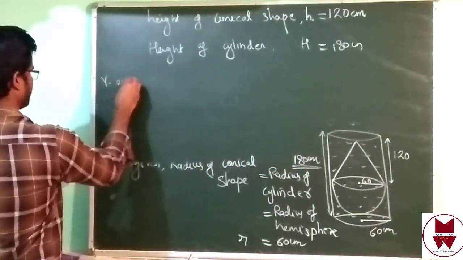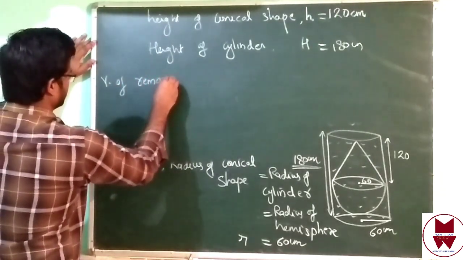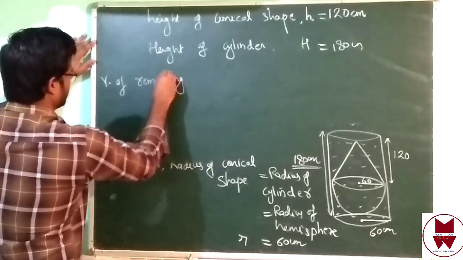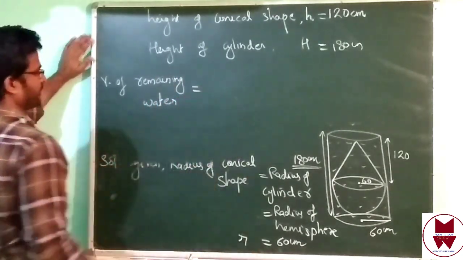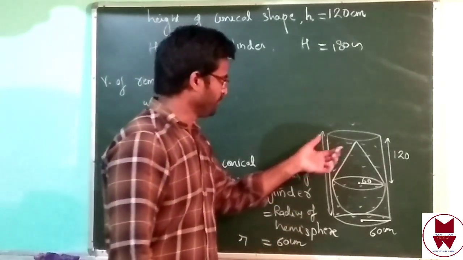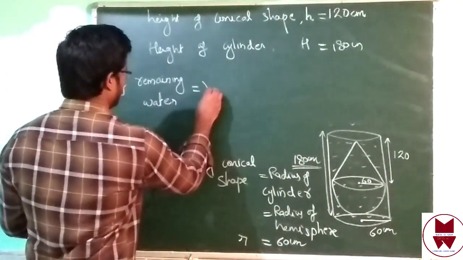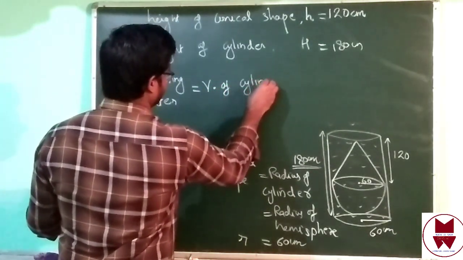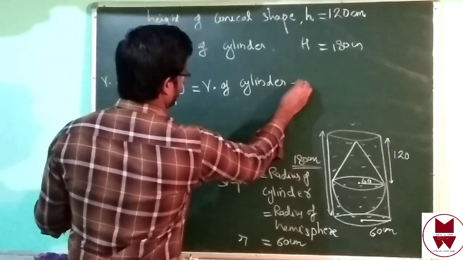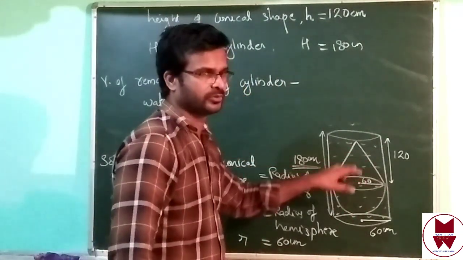Volume of remaining water equals, listen carefully, first we will find out the volume of this cylinder. We can write volume of cylinder. From that volume we will subtract what? Volume of this solid, isn't it?